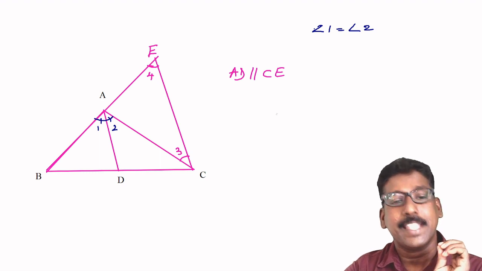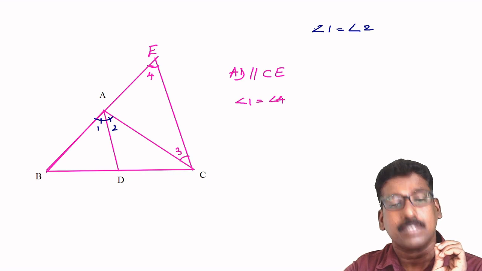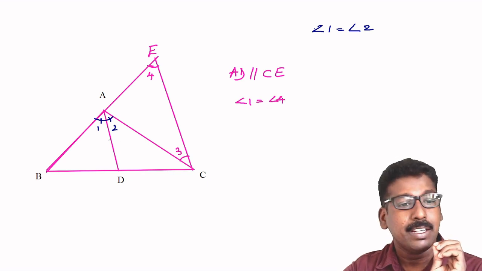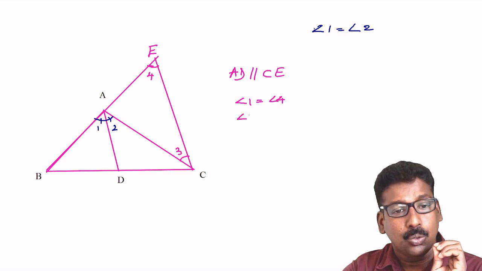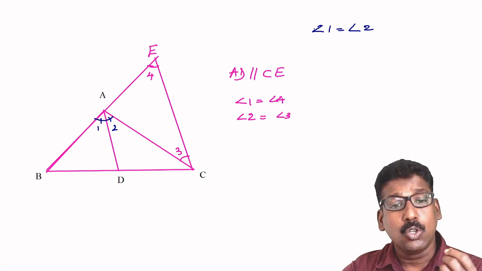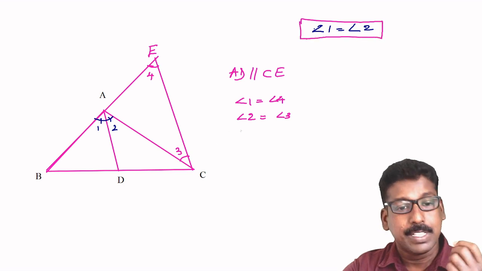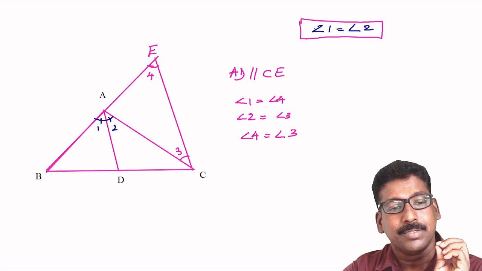Now you can see angle 1 is equal to angle 4 because they are corresponding angles. Similarly, angle 2 is equal to angle 3, alternate interior angles. But you know that angle 1 is equal to angle 2, which implies angle 4 is equal to angle 3.